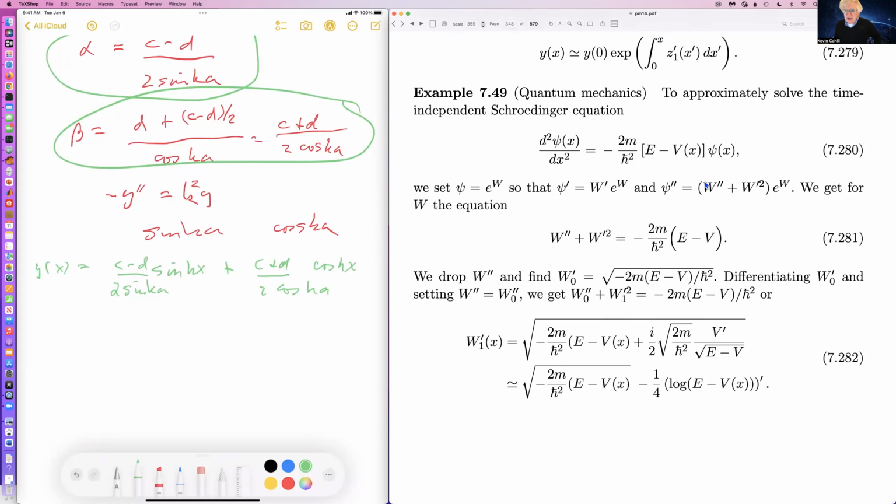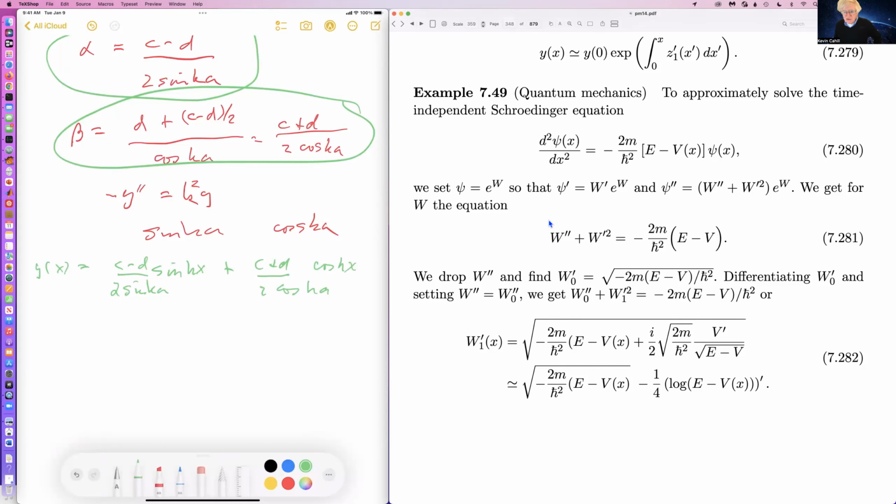Schrodinger's equation, the time-independent, one-dimensional, non-relativistic Schrodinger equation. So we said psi equal to e to the w, psi prime is w prime e to the w, psi double prime is w double prime plus w prime squared e to the w. And so the Schrodinger equation turns into this equation involving w and v.